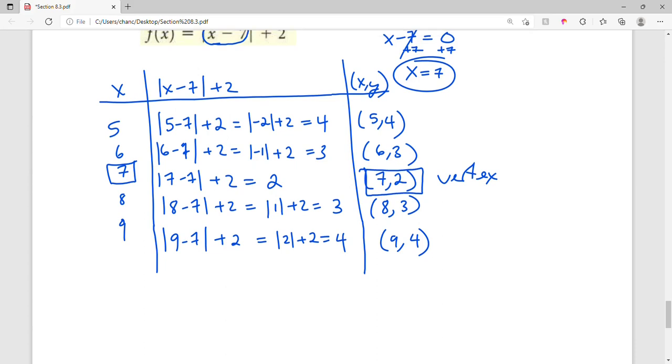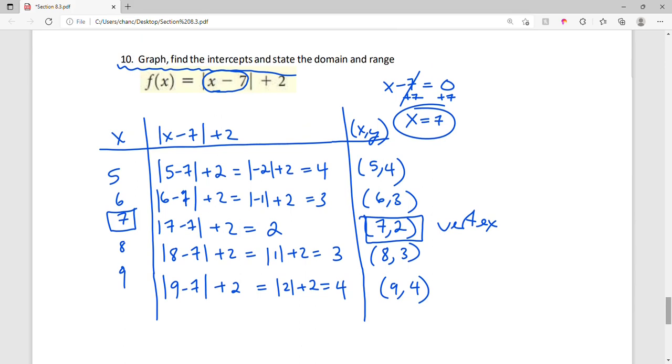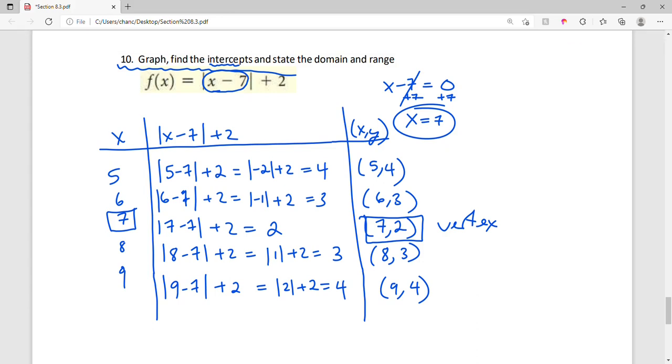So it's actually a good idea to start by graphing the vertex first, and you'll see the points form a V shape. But we want to also state the intercepts. So we need to find the x and y intercepts. And to do that, you can graph more points, or you can see the general pattern and figure out where it crosses the x and y axis. So let's do that now.